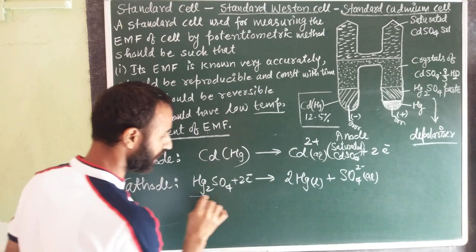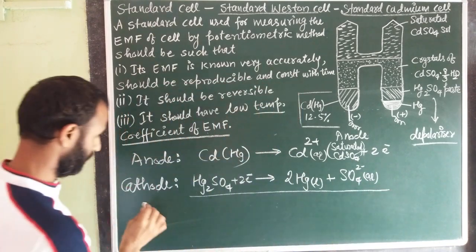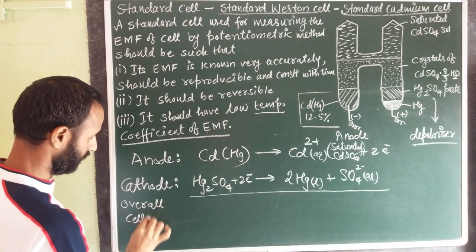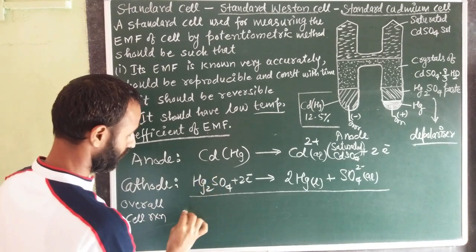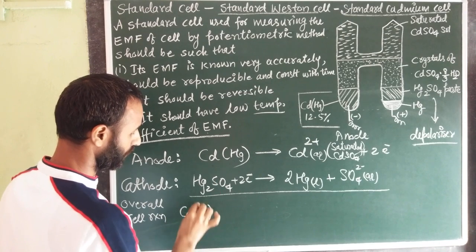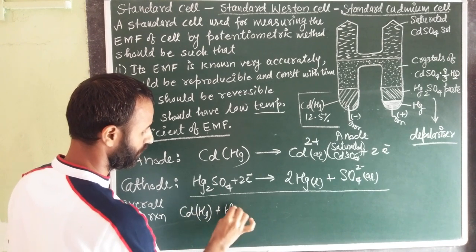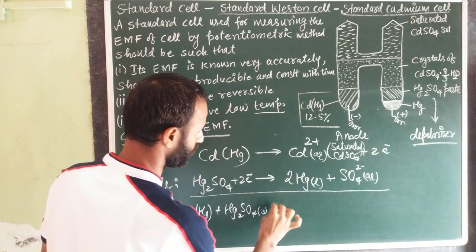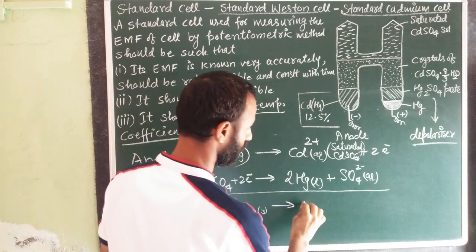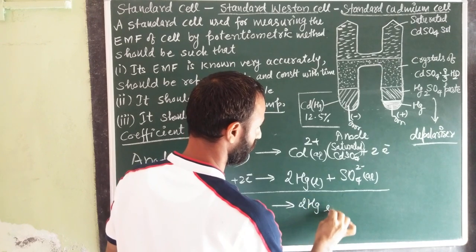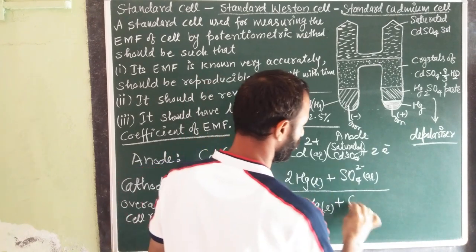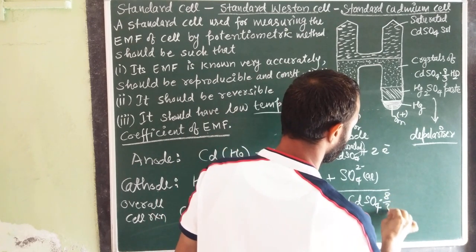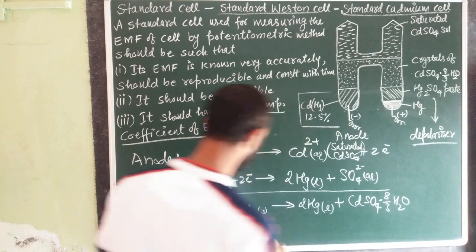So the overall cell reaction is cadmium amalgam plus Hg2SO4 solid gives 2Hg liquid plus cadmium sulfate 8/3 H2O, because it is an aqueous solution.